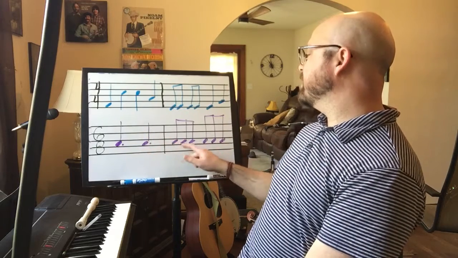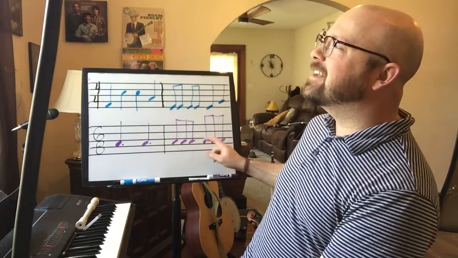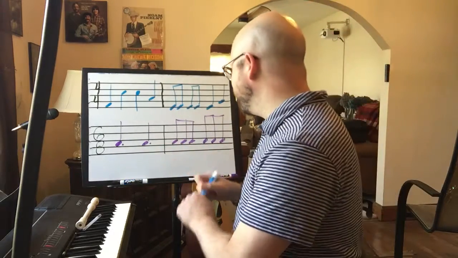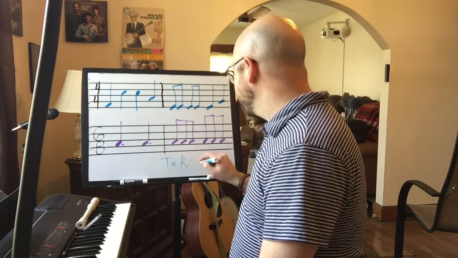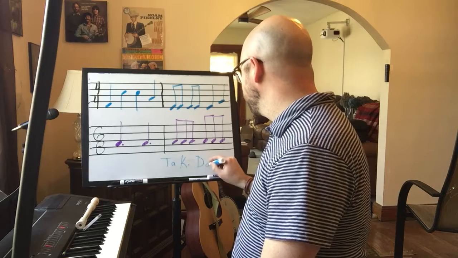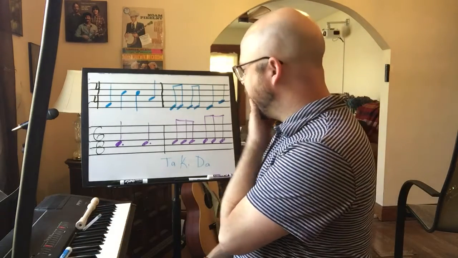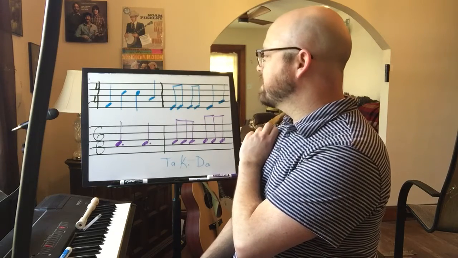Ta, ta, taki-da, taki-da. Ta, ta, taki-da, taki-da. Let's see if I can write it down. Ta, ki, da. Taki-da. All right. So there's that. That's just a little introduction to 6/8.